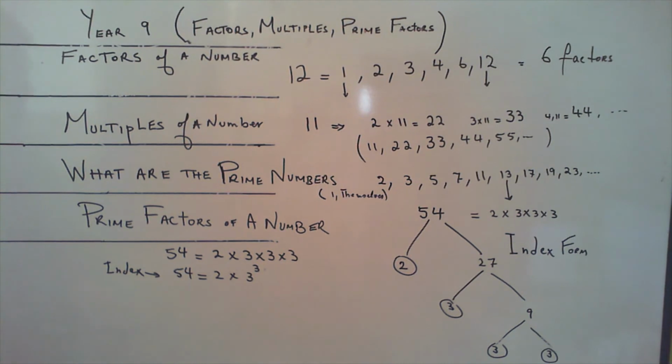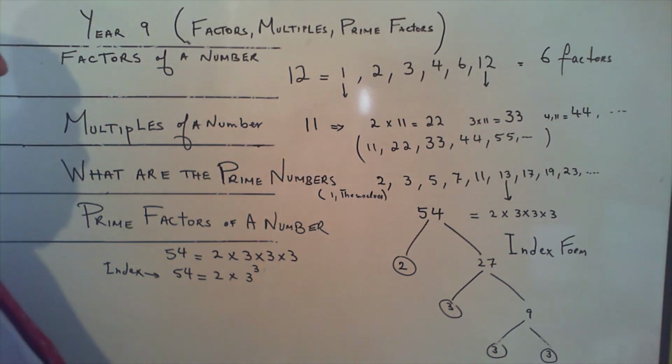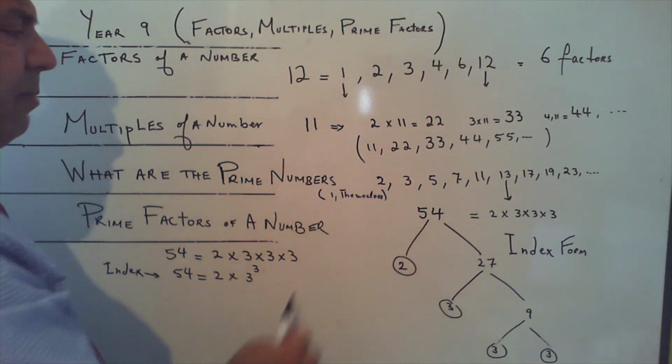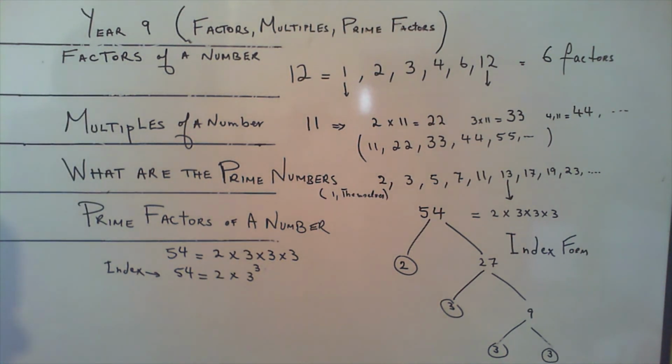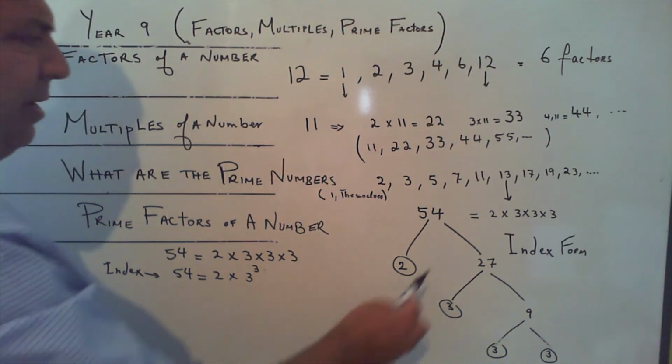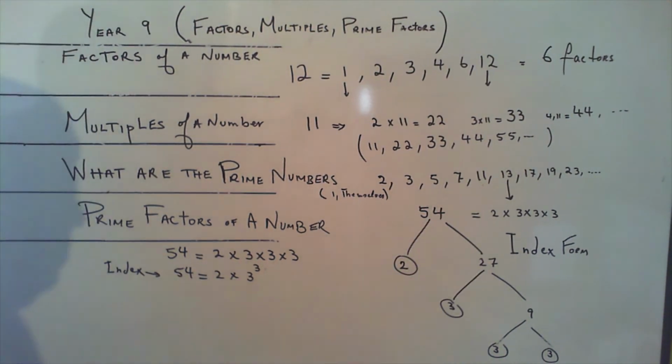The definition for prime numbers is that a number that can only be divided by itself is a prime number. Of course, any number can be divided by 1. So we know that, for example, 11 can be only divided by 11 and 1. So that's a prime number.